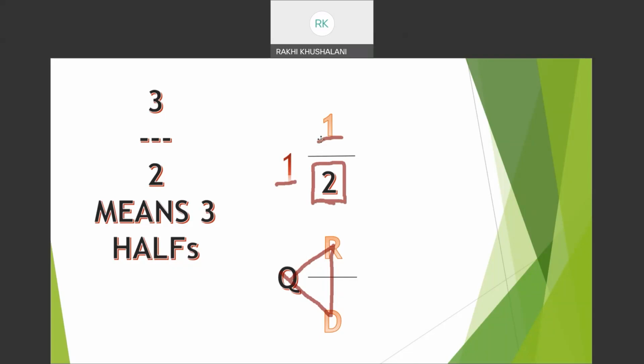Okay. So please don't forget the triangle which says Q, R and D. Okay, children? We'll see more examples that will help you better.